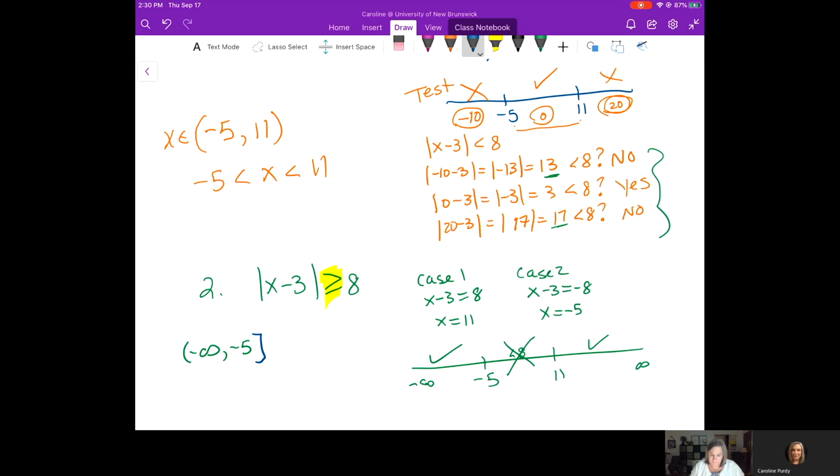And then since these don't overlap, we say union, and we want to go 11 to positive infinity. It's two sections, and the way that we would word this in the other notation is like that. So you can do it one of two ways.